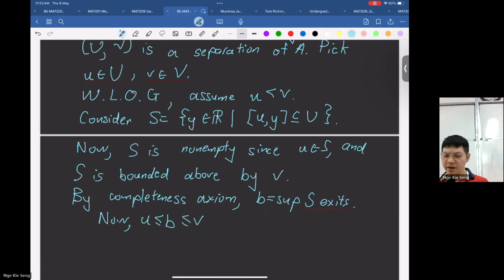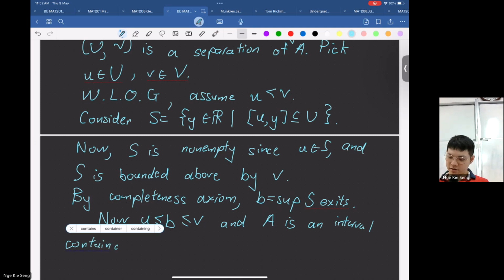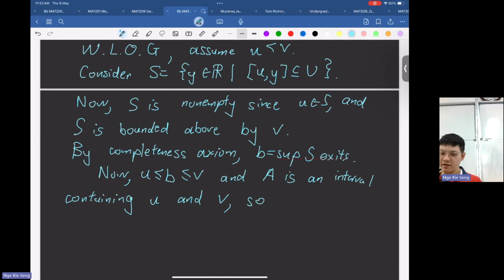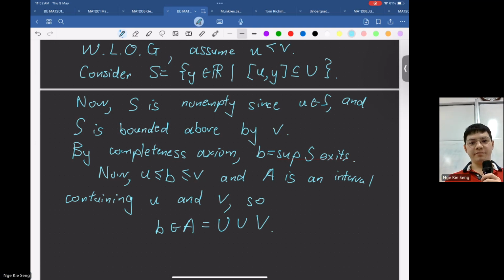And A is an interval containing u and v. So b has to live in A. Just that I don't know whether it lives in U or in V.